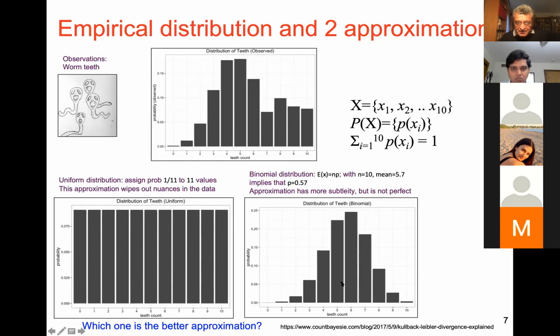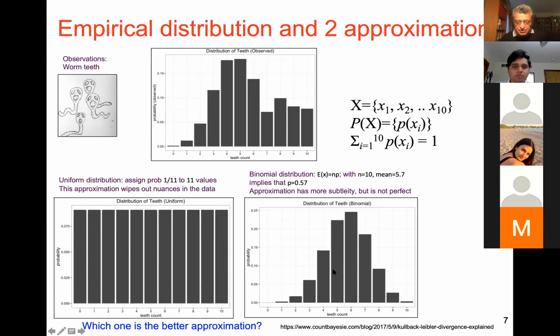Binomial has a relationship to the Bernoulli, the coin toss, with the 0-1 probabilities. Binomial is the number of heads when you make a certain number of tosses, right? So that's the probability p.